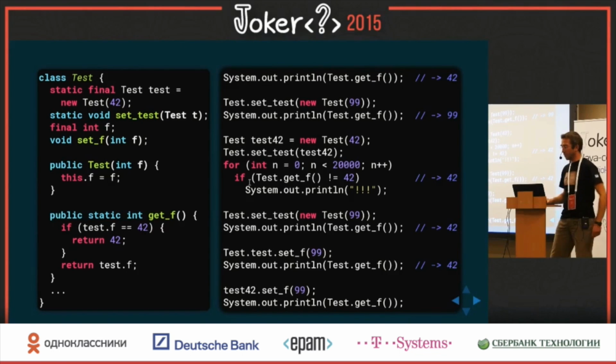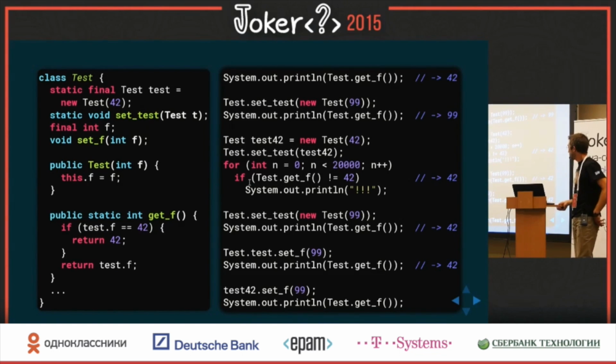Okay, it's still 42 because we have actually changed the value of this test object here, because we called setTest. So we changed the static final field to point to this new object, and this already has the value 99 anyway. So now we access this field and set it to 99, which has no impact because, as I told you before, the JIT compiled code is still using the old object with 42.